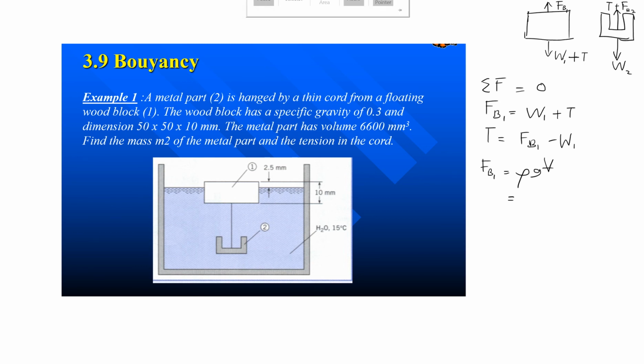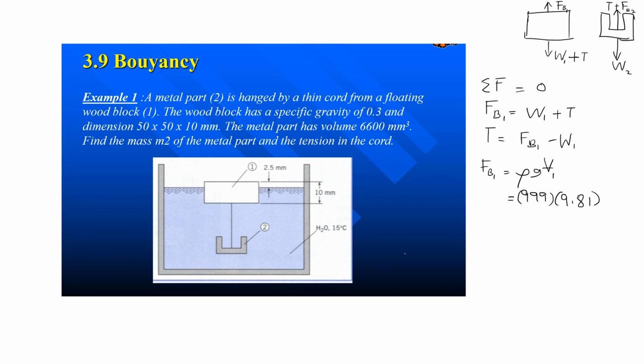The density of water at 15 degrees C is about 999, and g is gravitational acceleration. For the volume of wood, the wood is not fully immersed in the water, so you only consider the part that is immersed.